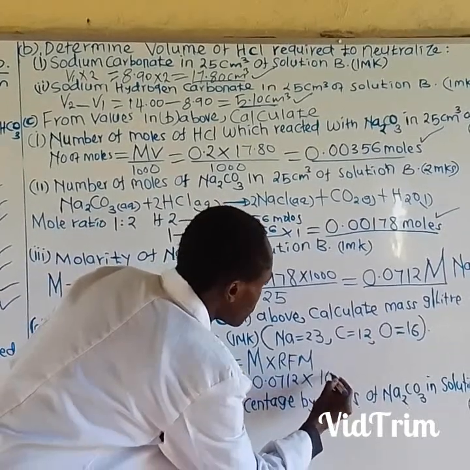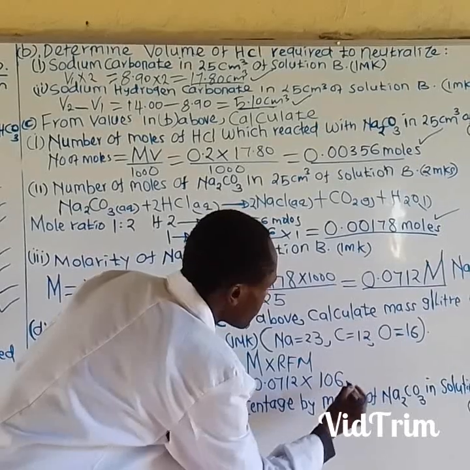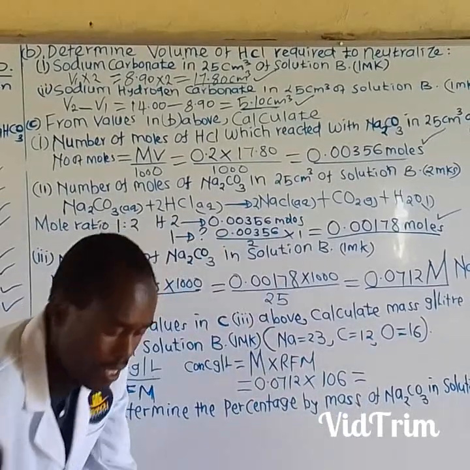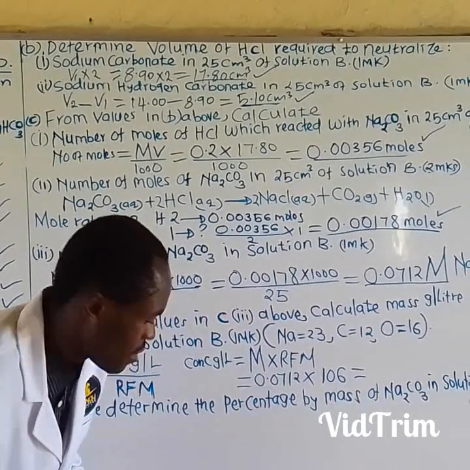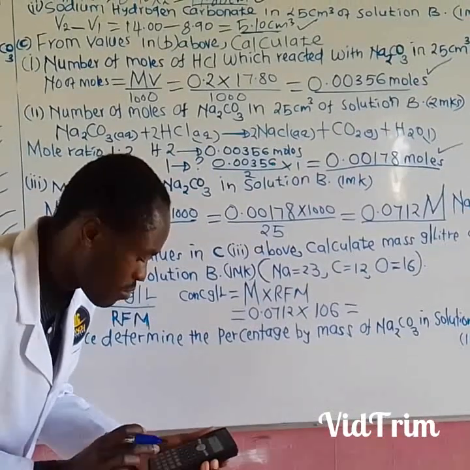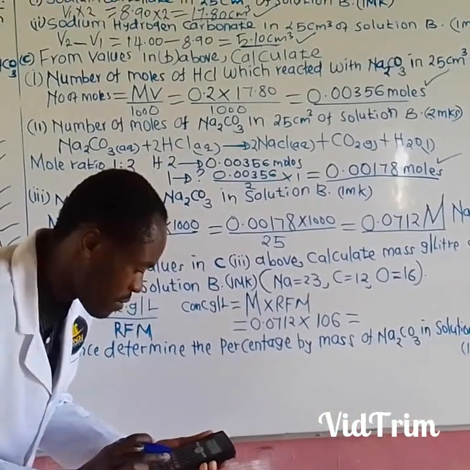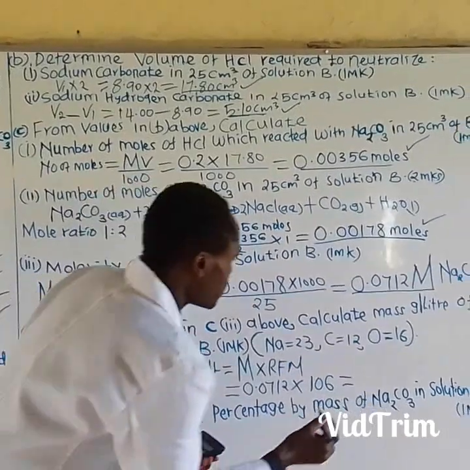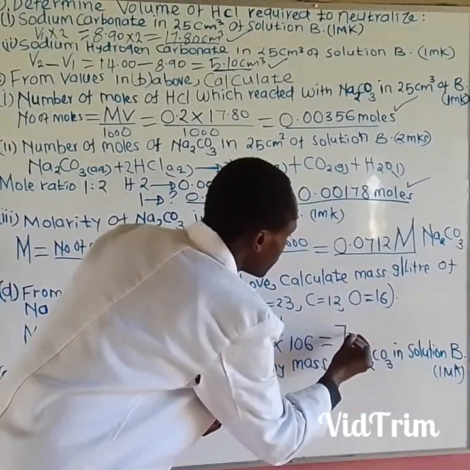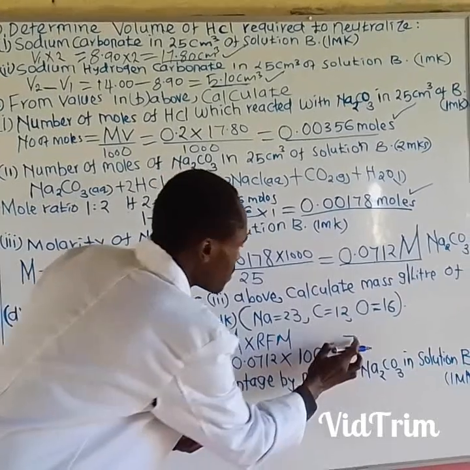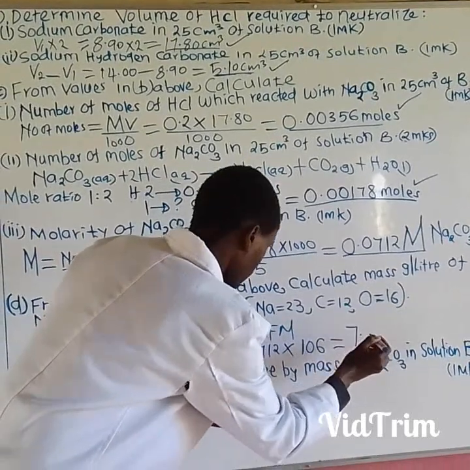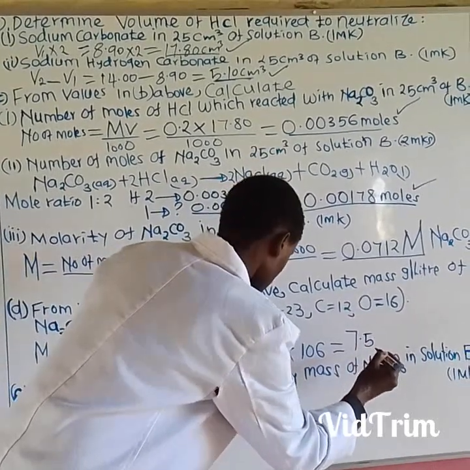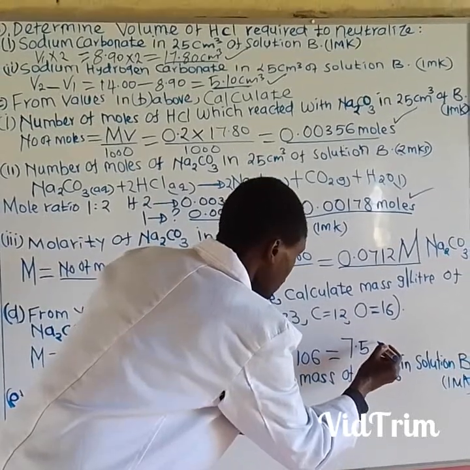So times 106. If you calculate very carefully, my student, times 106, you get 7.5 grams.